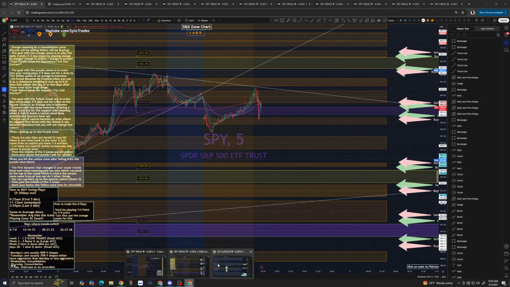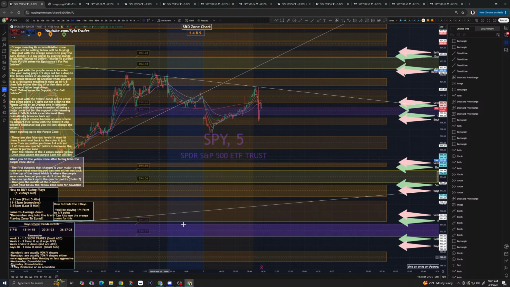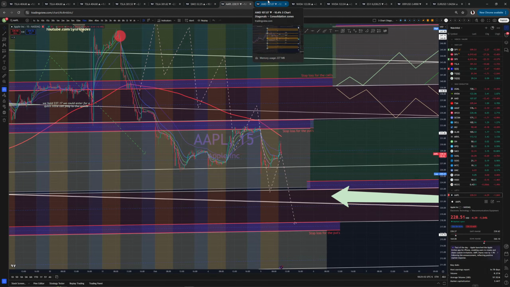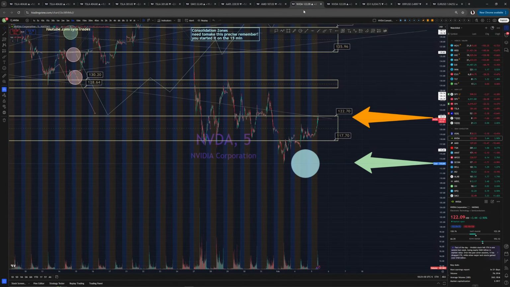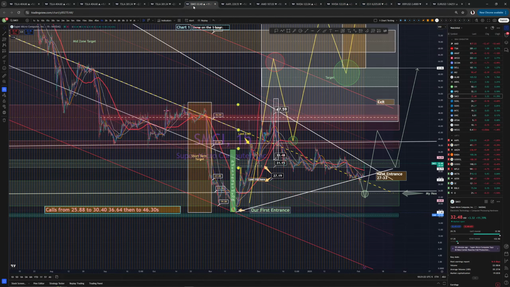Let's look at some of these other names real quick. ES is still... So now you're getting bought up here. So let's see if SPY is going to start to crash, right? $32, $33.